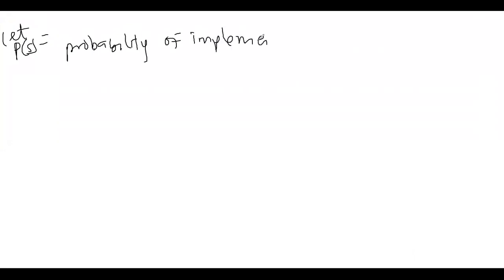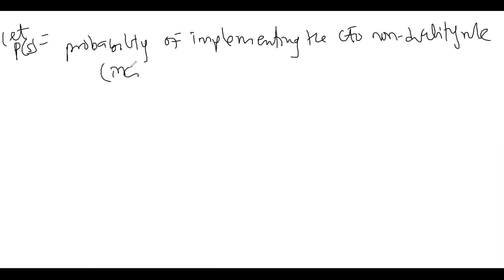So here, let probability of S be equal to the probability of implementing the CEO non-duality rule, which is synonymous to saying probability of increasing share price, okay?